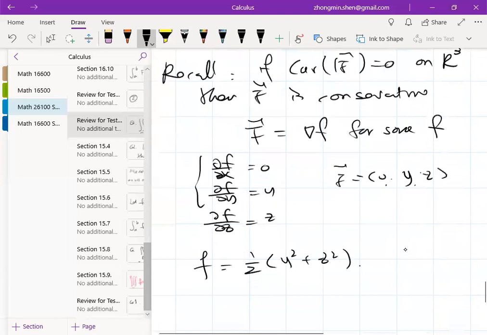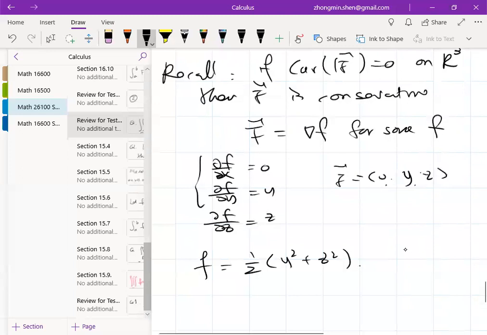So if the curl of the vector field is going to be 0, then the integral is going to be 0 along any closed curve in the space.